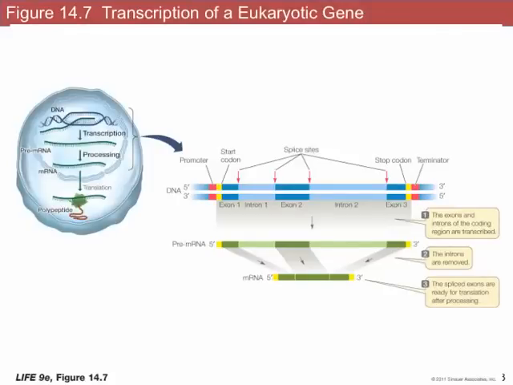One of the key features that you should understand relates to processing of RNA. In eukaryotes, DNA is transcribed into RNA in the nucleus, and then that RNA is exported to allow for translation in the cytoplasm, where the ribosomes are.